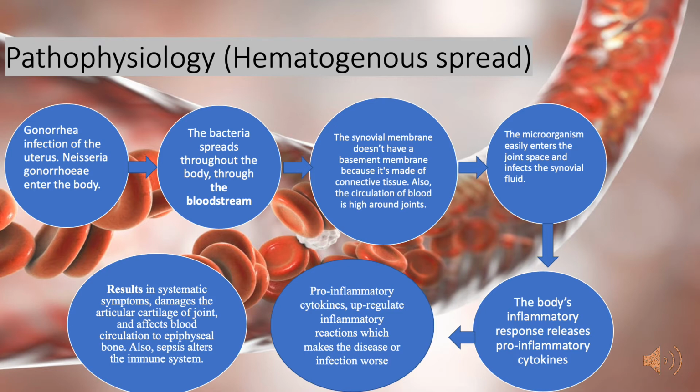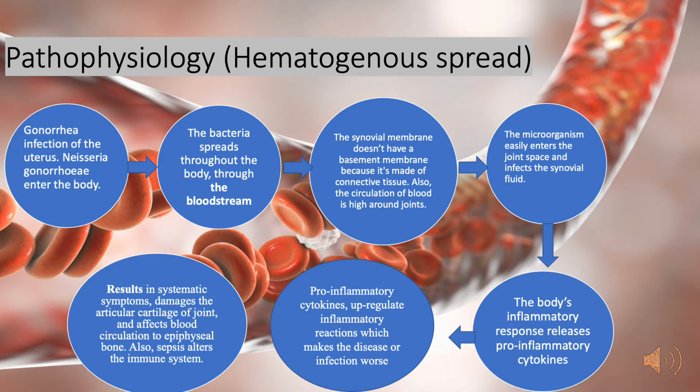The synovial membrane doesn't have a basement membrane, and the circulation of blood is very high around joints, allowing the microorganism to enter the joint space and infect the synovial fluid inside the joint space. The synovial fluid functions to reduce friction between cartilage during movement.